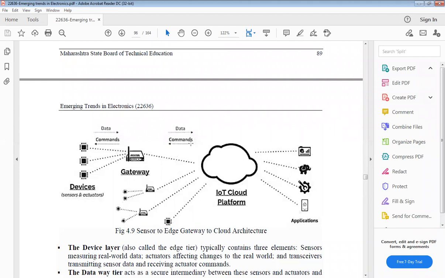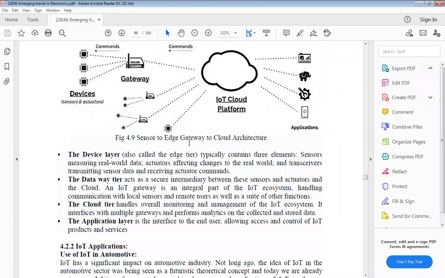Applications may be your mobile phone, from smartphone you can operate these sensors and actuators. Okay, so this is the most modern type of architecture of data routing. So mostly this sensor, edge gateway, cloud architecture is used. Is there any doubt?